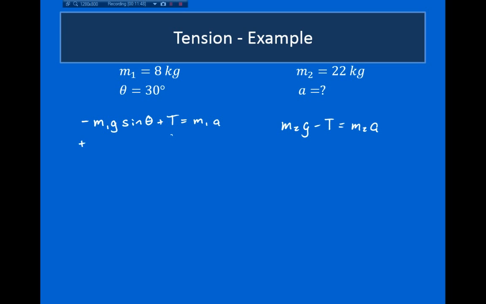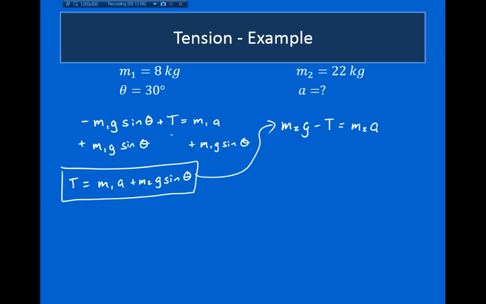So if I add m1g sine theta to both sides, here I get tension is equal to m1a plus m2g sine of theta.